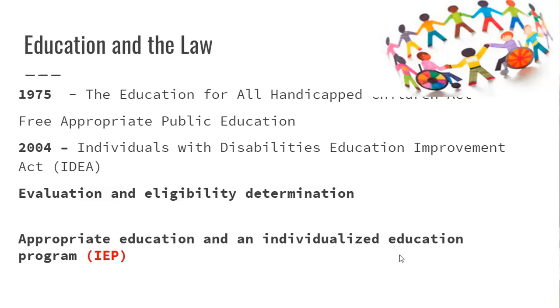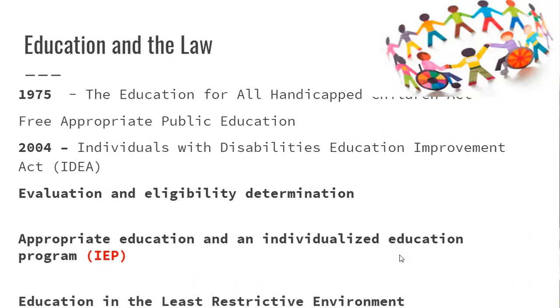And so an example of something that the school provides for children with disabilities is the individualized education program. That is where teachers are given specific guidelines for educating that child, based on what the child is able to do or not do because of their disability.